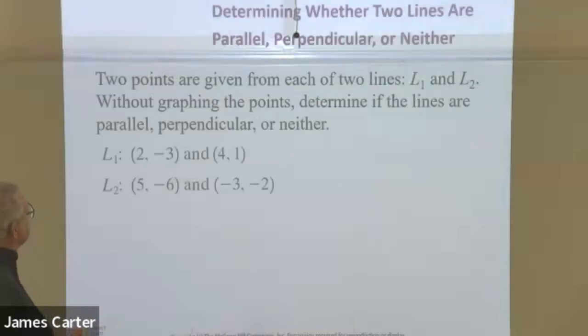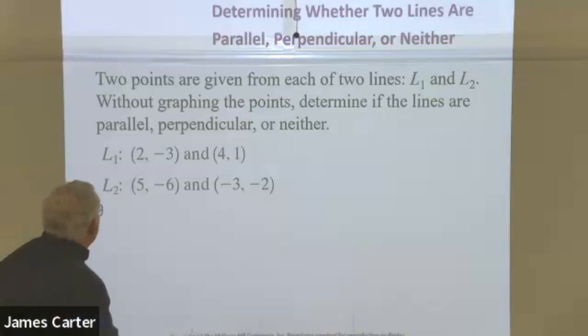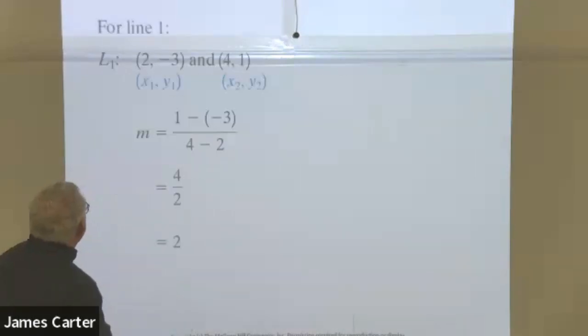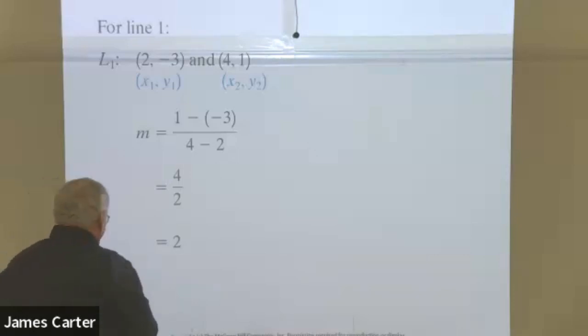Now, 2 points are given. Without graphing them, tell me whether they're parallel, perpendicular, or neither. Okay? That means I calculate the slope of these 2 lines. So here's the first line, and I get a slope of 2/1.